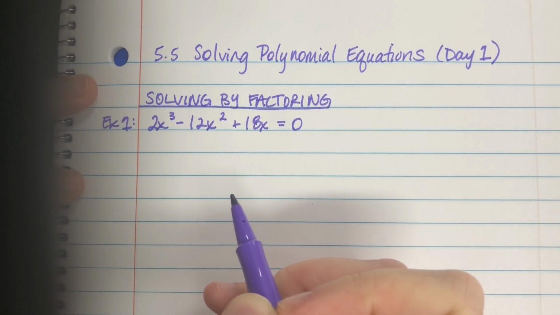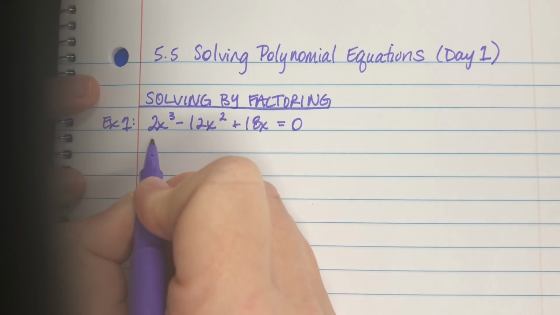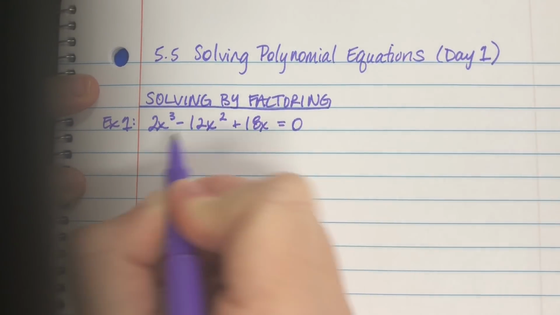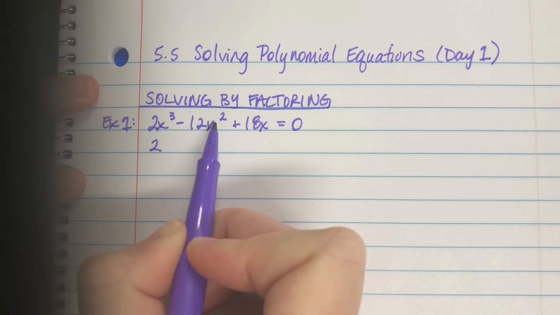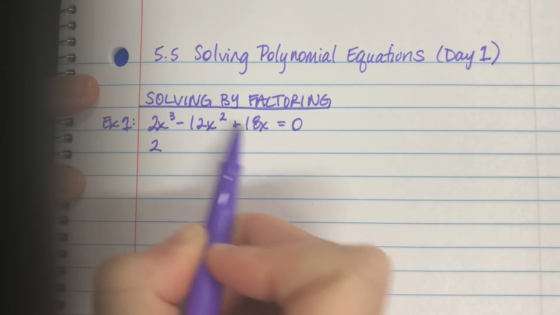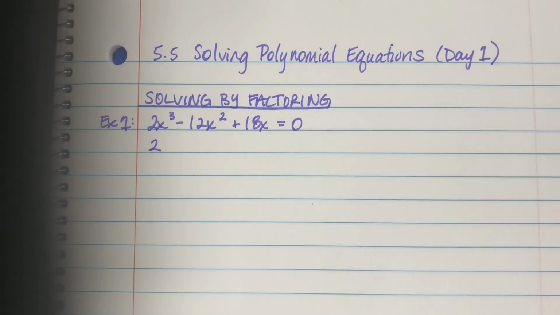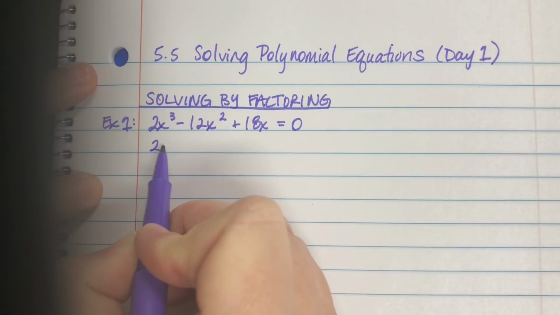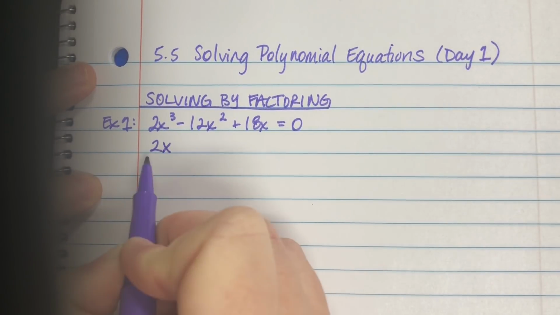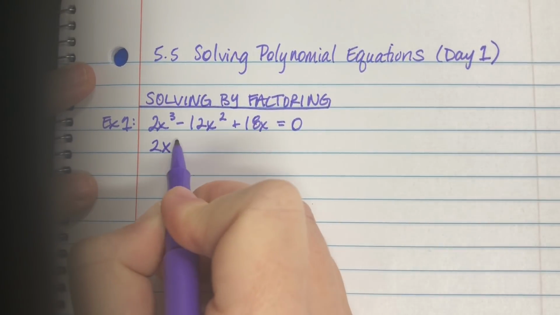You want the biggest number that goes into all three of those. The biggest number that goes into 2, 12, and 18 is 2. Also have to take a look at our x's. We've got x cubed, x squared, and x. We're looking for the most amount that they all have. If you'll notice that they all at least have 1x. Your greatest common factor is 2x.